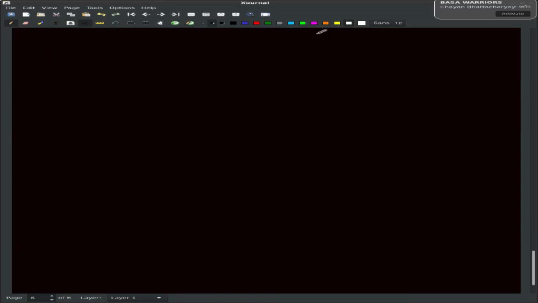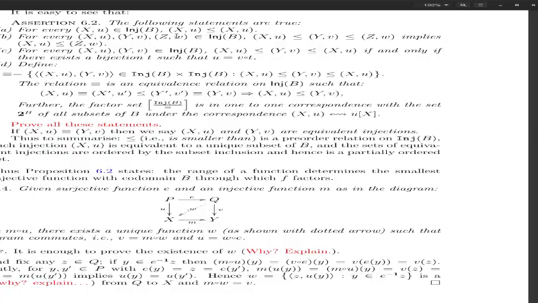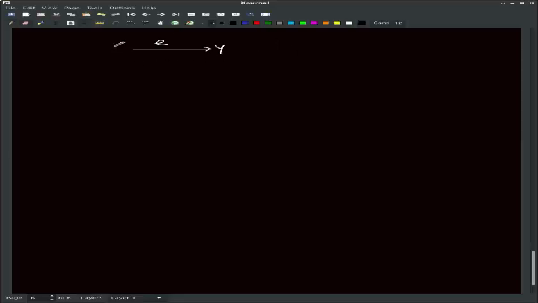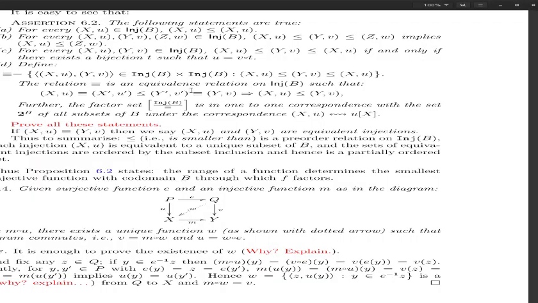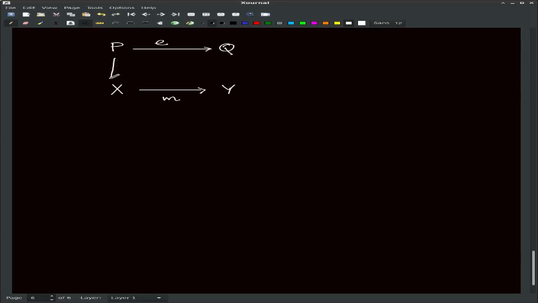So you have this E, from P, Q, X, Y, and the rest, U and V. And this is surjective, this is injective.